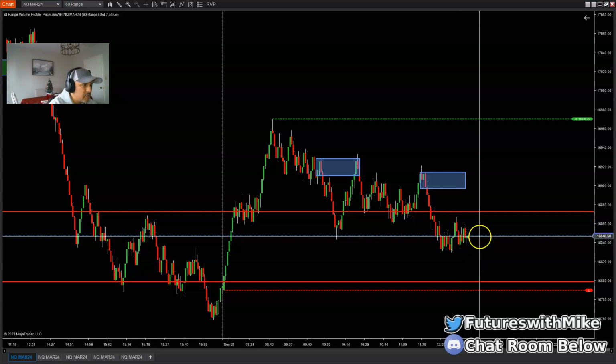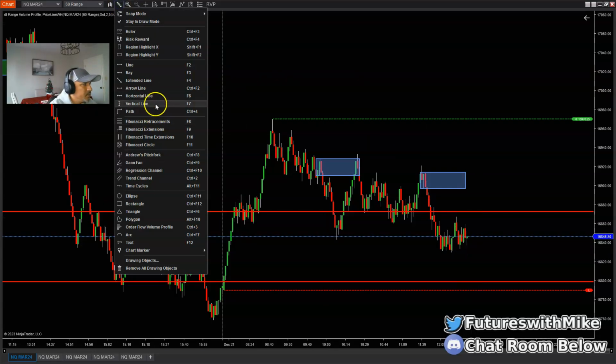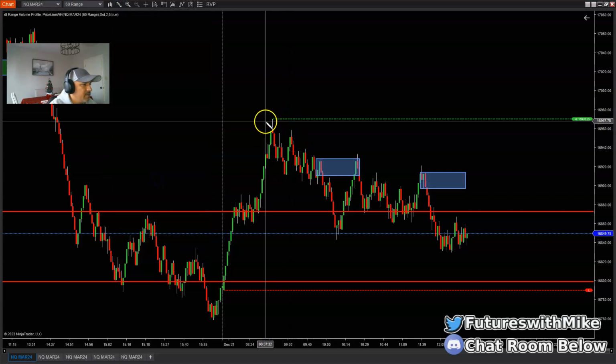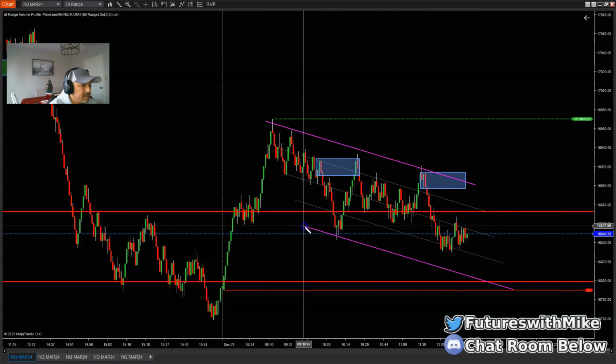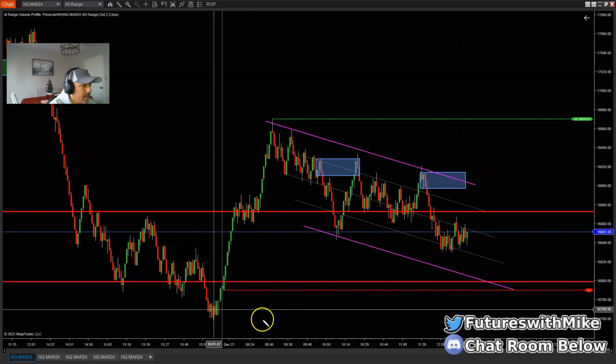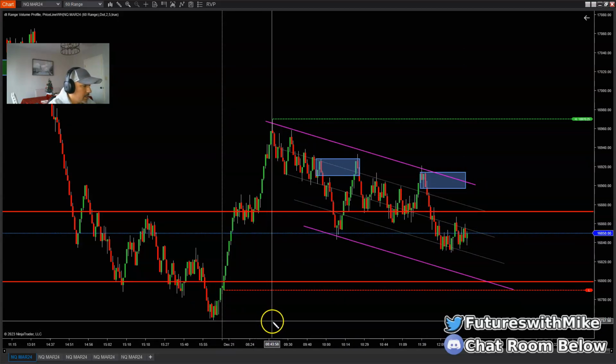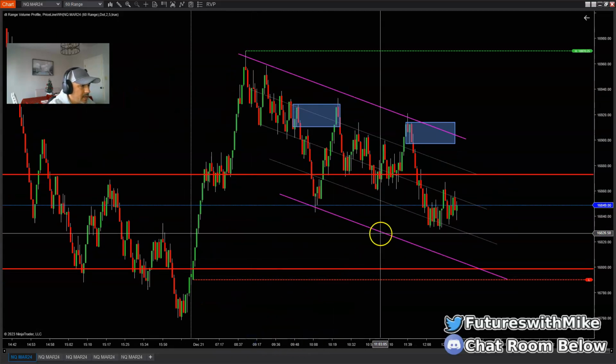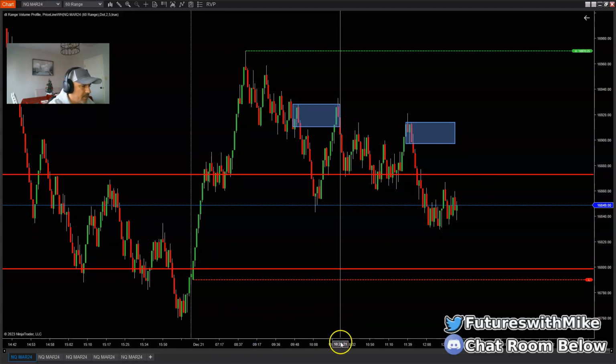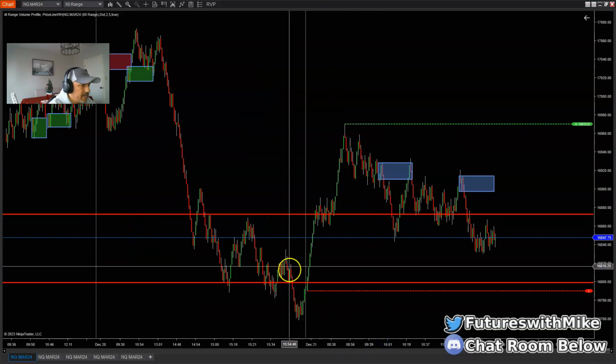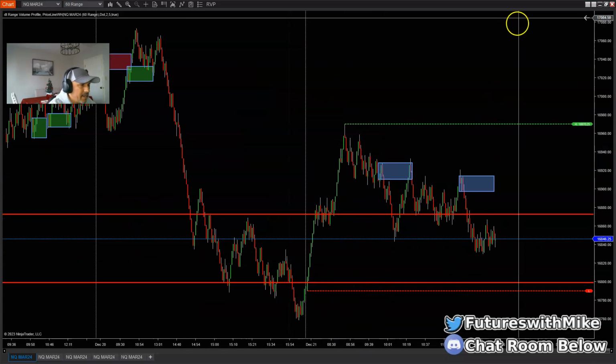So following that structure, moving within a channel to the downside here. Are we going to do that? Okay, and then break yesterday's low. Will we do that, or are we just setting ourselves up to basically pull back here to run higher?